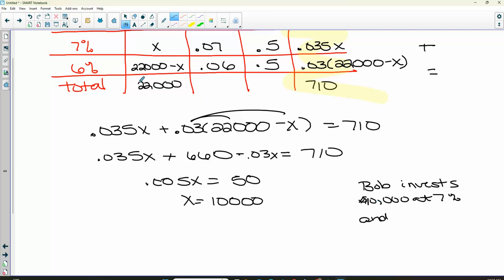And to get my 6%, 22,000 minus X would be $12,000 at 6%. Are there any questions on that?